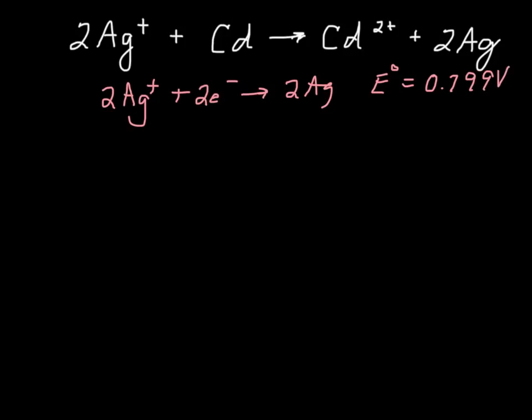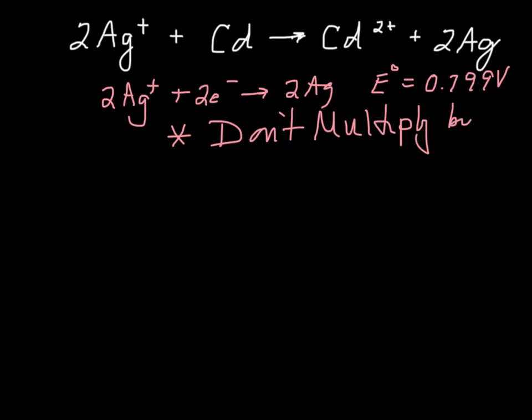Now you're all thinking, oh, but I have to double it. No, no, no. Even though you think you should, don't multiply by 2. It actually doesn't work that way. It's one of the few times that you're not going to. Even though we doubled the equation from the one you found in your table, do not double the voltage. That would be a really good thing to remember.